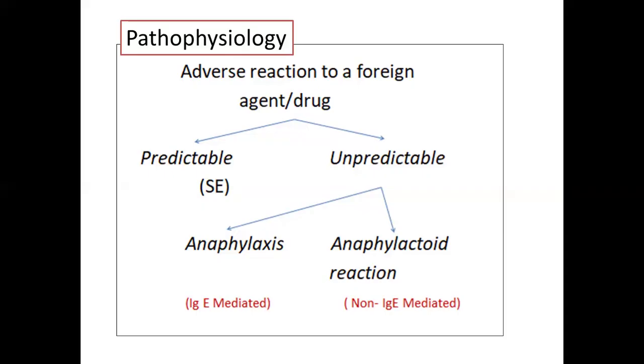So that is an unpredictable reaction to the antigen. This unpredictable reaction can be anaphylaxis or anaphylactoid. Anaphylactoid means non-IgE mediated. For example, radiological contrast medium, wasp bite, snake bites, right? On this part, for IgE-mediated reactions, there should be a previous antigen exposure. Only the second time the patient gets anaphylaxis, right? Clear?